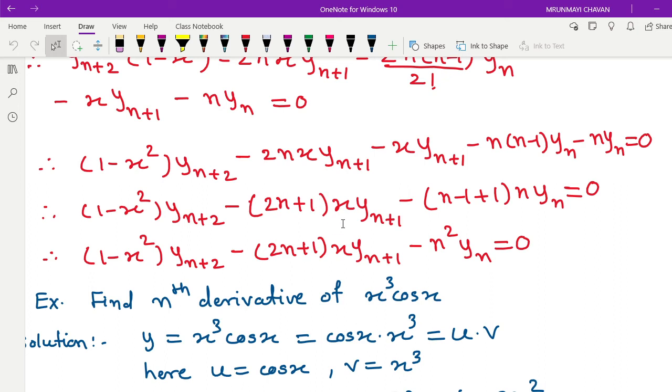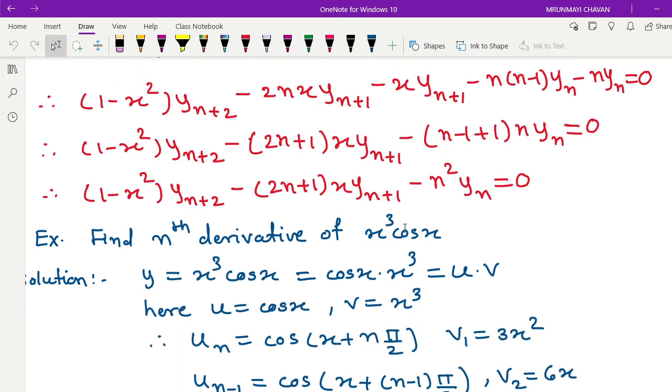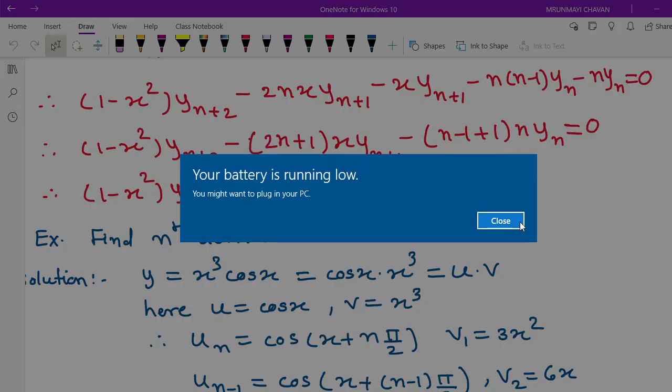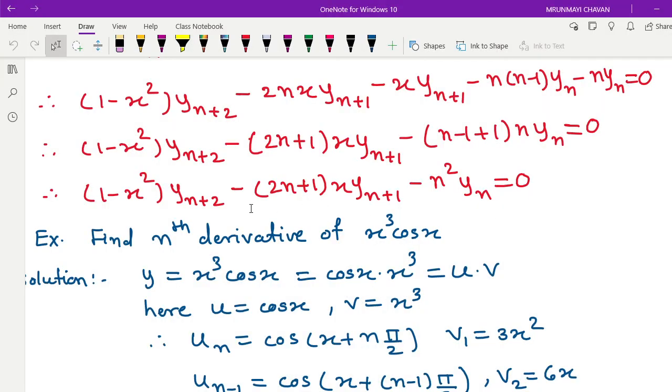So (2n plus 1) into x y_(n+1) minus, here taking y_n, n into y_n common, minus sign common, bracket remains into bracket n plus 1. Thus we got that 1 minus x square into y_(n+2) minus (2n plus 1) x into y_(n+1) minus n square y_n is equal to 0.